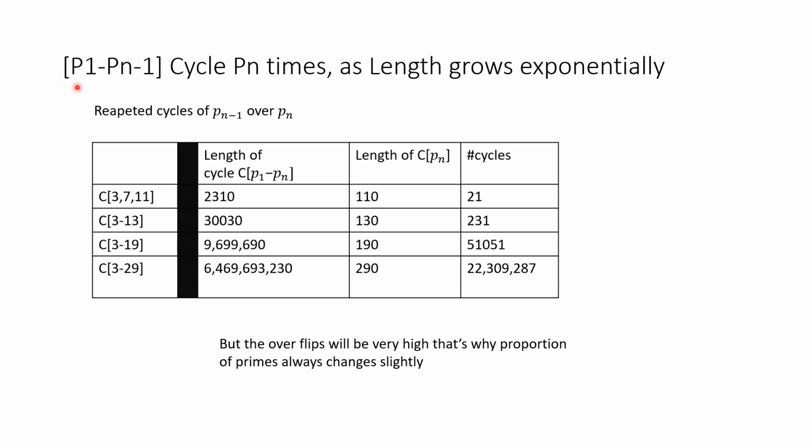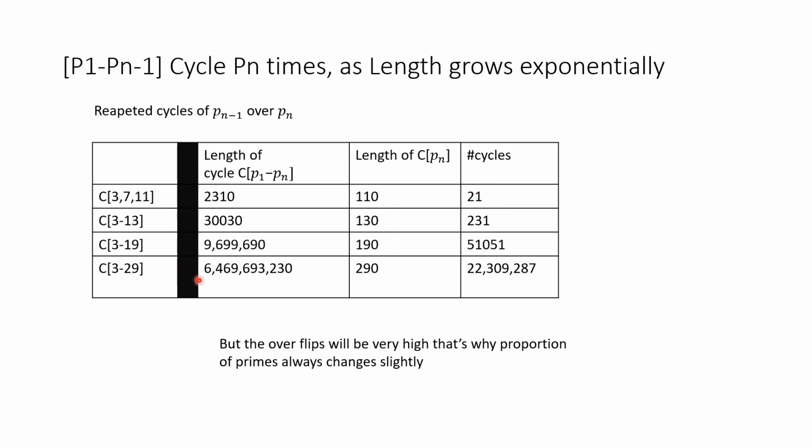So the cycle of P1 through Pn minus 1 is going to be repeated Pn times, right? So if we have the cycle of 3 and 7, when it joins the cycle of 11, it is repeated 11 times. And the cycle of 11 is going to do 21 cycles, okay?